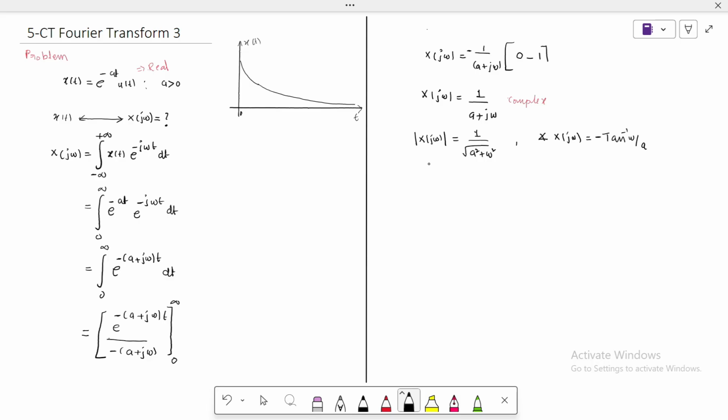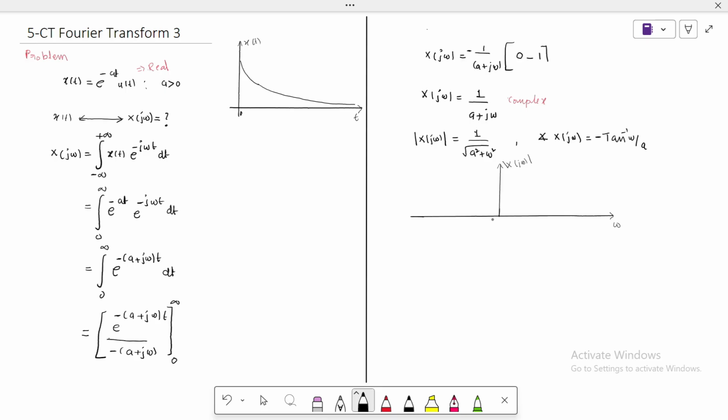So this is for the magnitude and this is for the phase. First the omega versus magnitude plot of X of j omega.